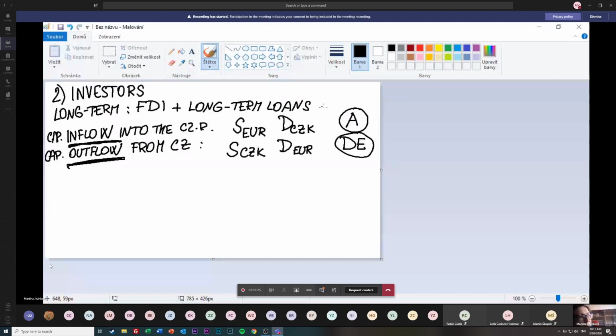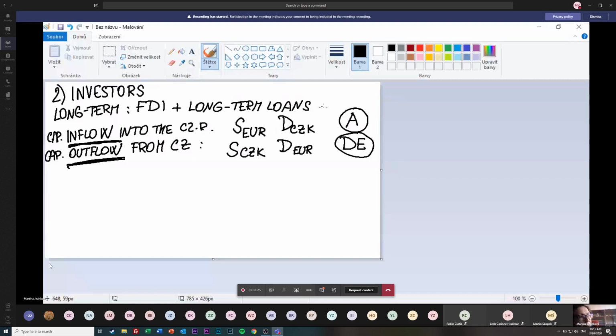There are also short-term capital movements. There are these arbitrage and speculative operations. So I would like to remind you this circle. This is the currency market. So there are coming exporters of goods and services.